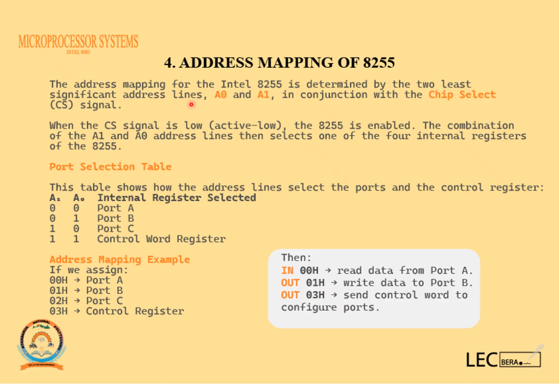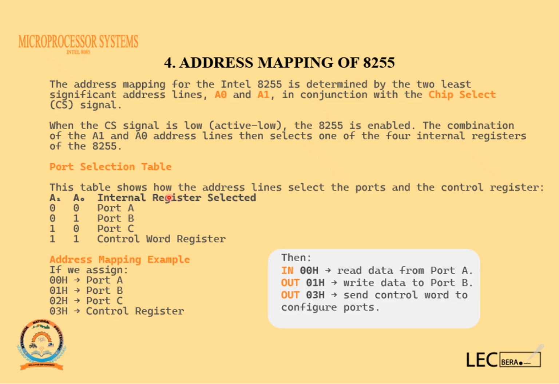So then how do we do port selection? I have a summarized table here for port selection. Which port are you going to use? Are you going to use three of them? Are you going to use one? Which one is going to be the input? Which one is going to be an output? Plus other information.